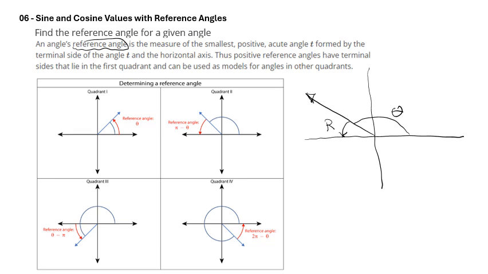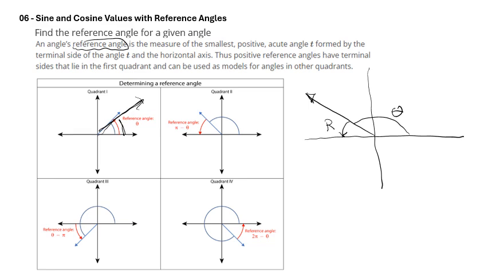So let's go through the 4 individual images here. If your terminal side is in the first quadrant, then that reference angle is this angle right here that is made with the x-axis and that terminal side. So again, it'd be between 0 and 90 degrees.